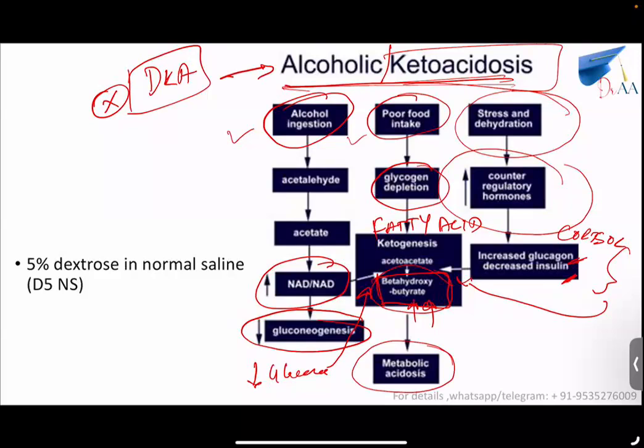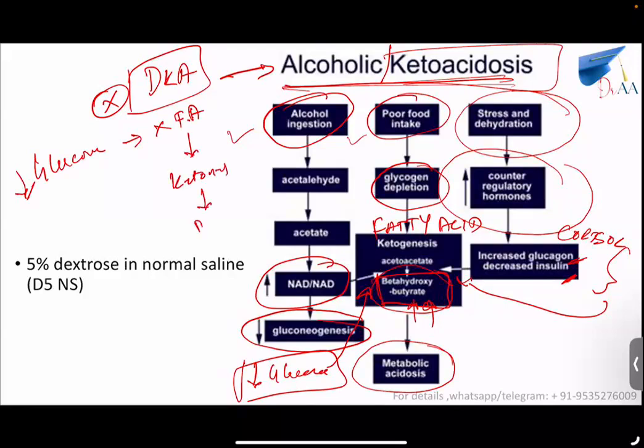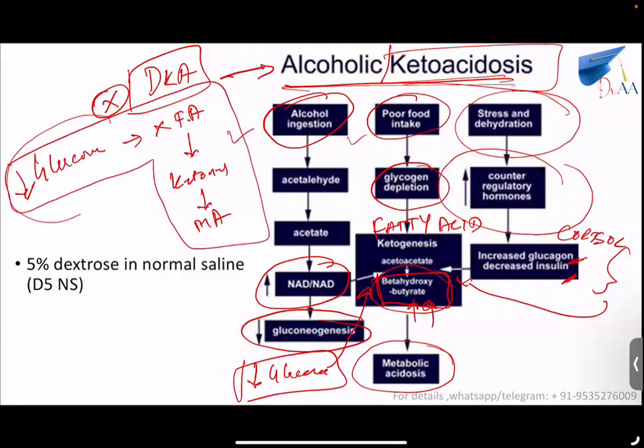You must have observed that everywhere I am saying there is reduced glucose level because of this. That's why fatty acid breakdown. So the basic pathology you need to remember is that reduced glucose levels result in breakdown of fatty acids. Breakdown of fatty acids will result in accumulation of ketones. This results in metabolic acidosis. This is the important pathophysiology you need to remember. The first part is reduced glucose levels.